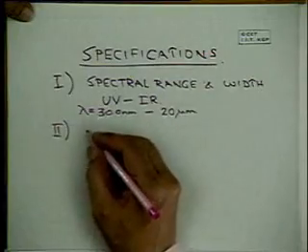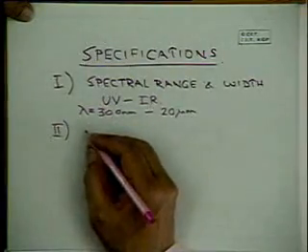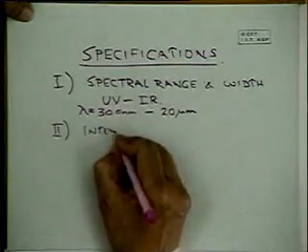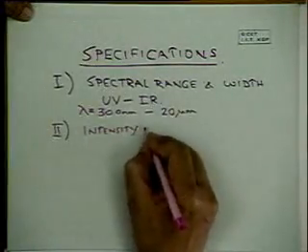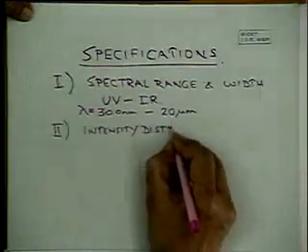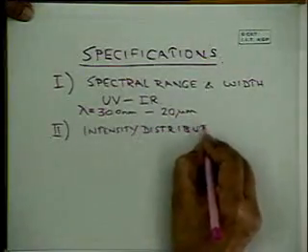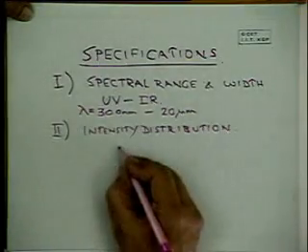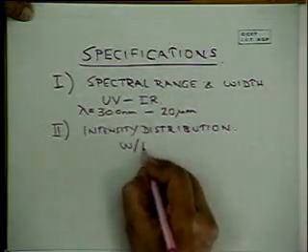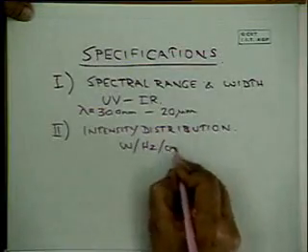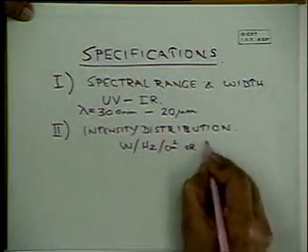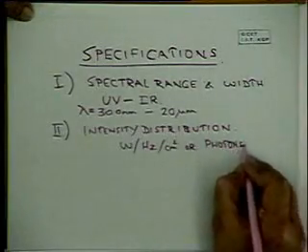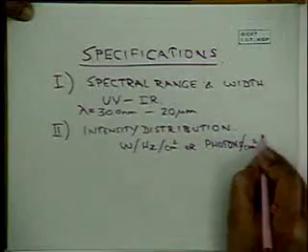Then what is the intensity distribution of the source that we want to study, in terms of either watts per hertz per centimeter squared, or in case of quantum detectors, photons per centimeter squared per second.